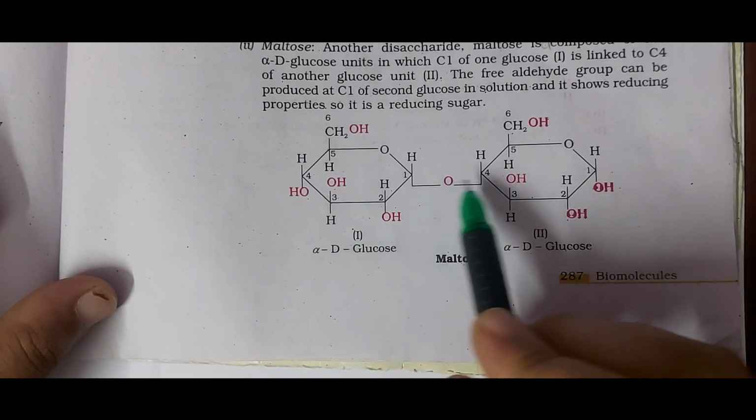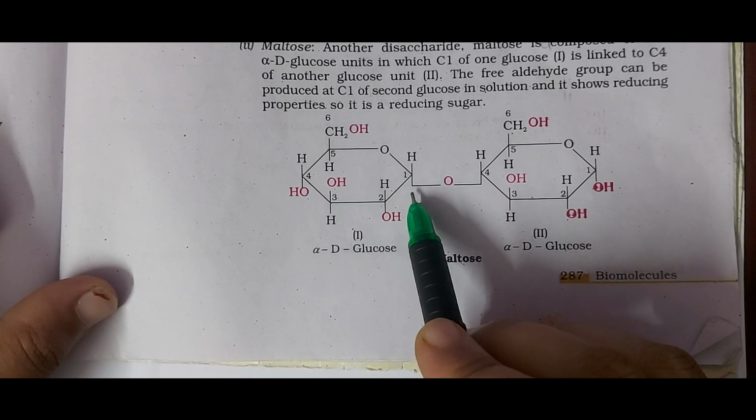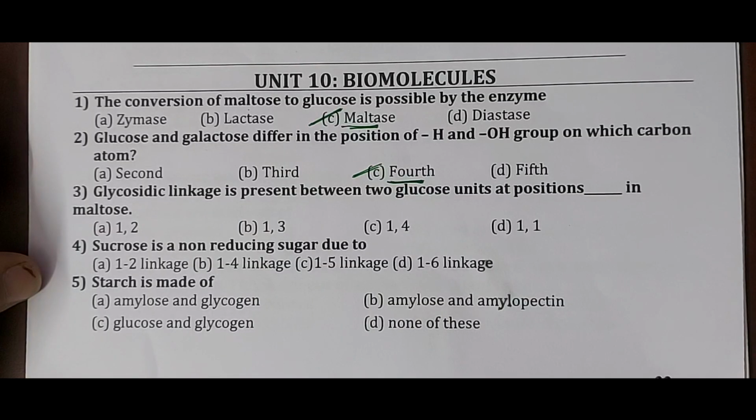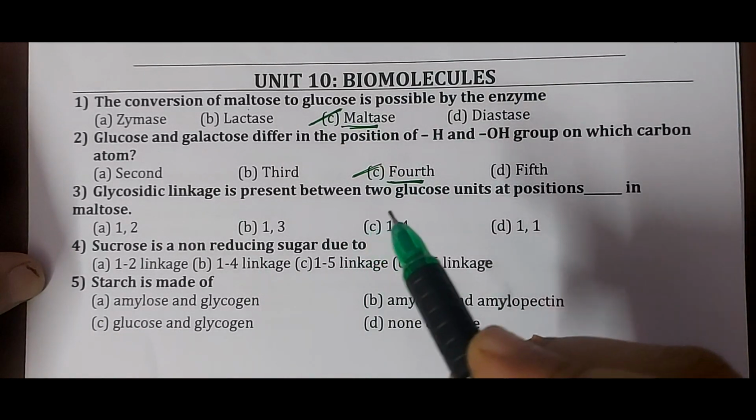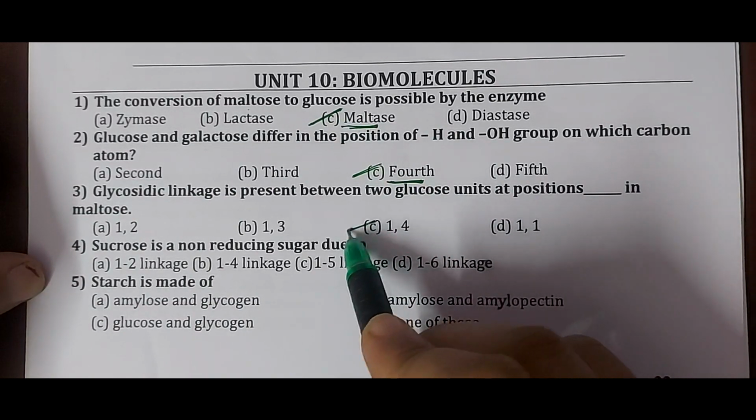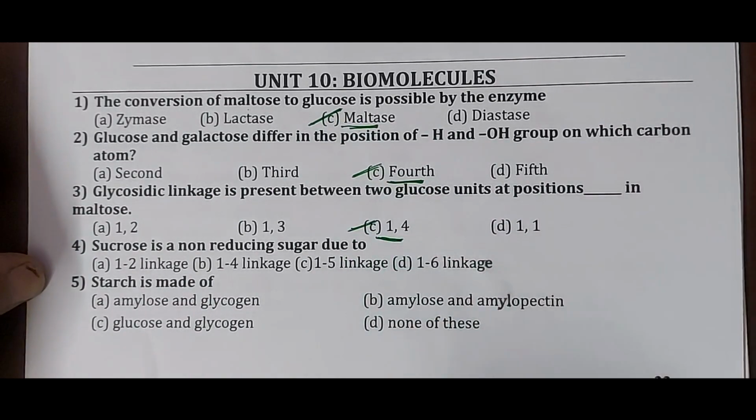So it is a 1,4 glycosidic linkage, that is C1 of one glucose unit is linked to C4 of another glucose unit. So the correct answer is option C, 1,4.